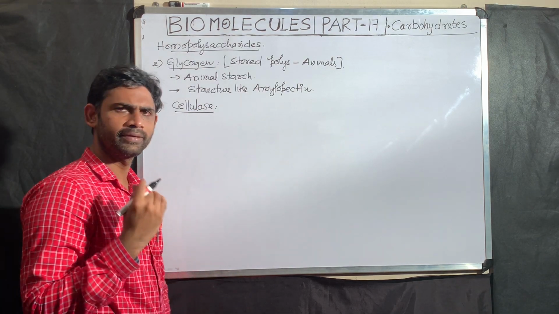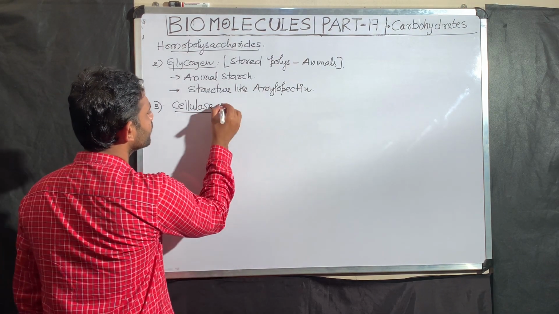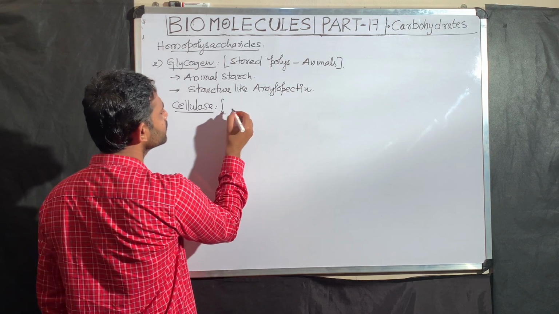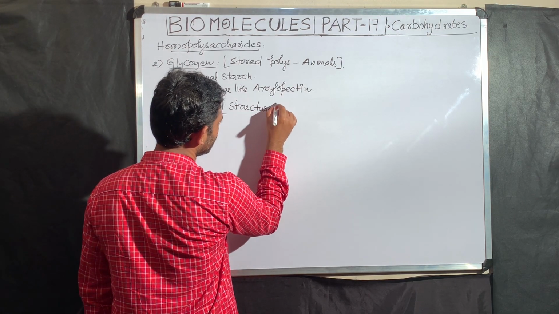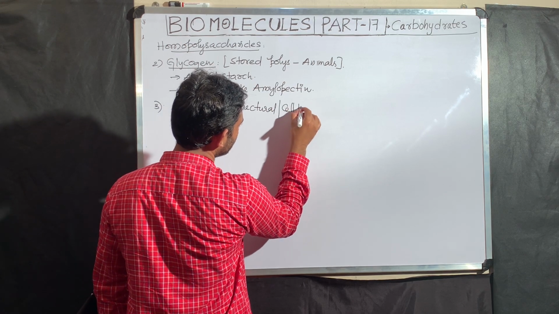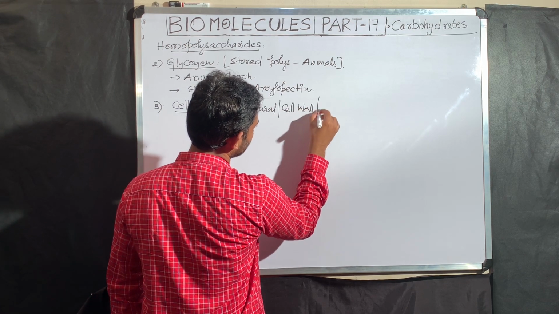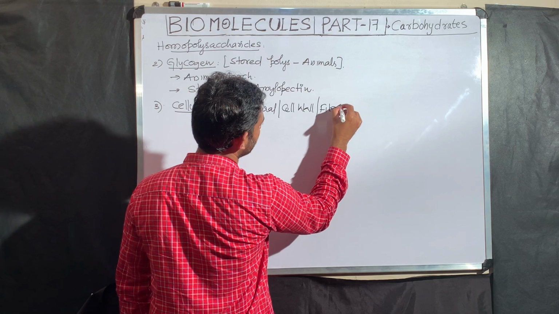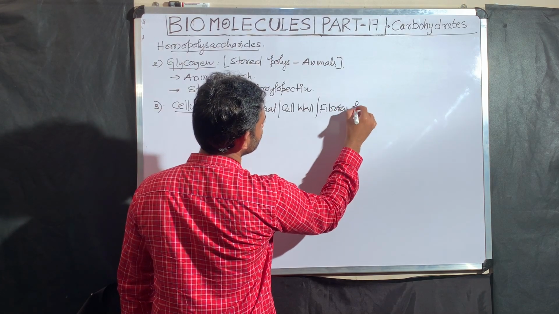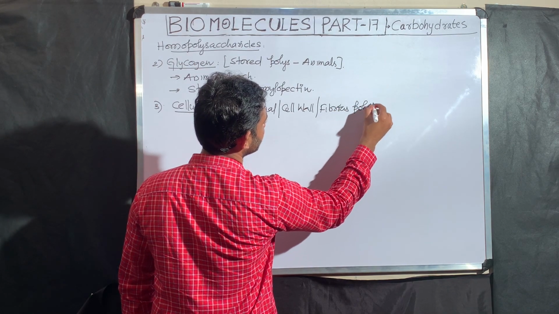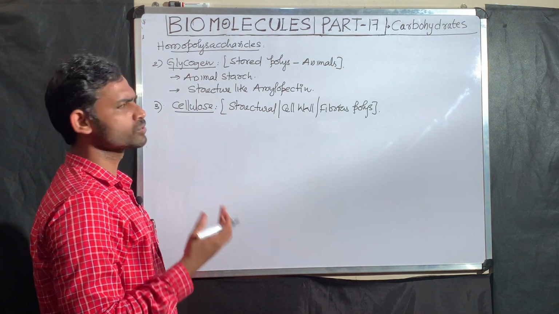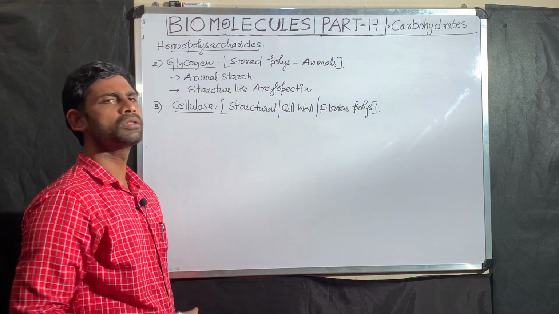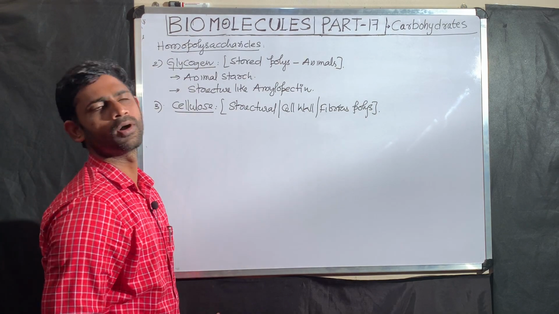Cellulose has its own importance. What is the function of cellulose? Cellulose belongs to structural or cell wall or fibrous polysaccharide. Okay, now the last two, starch and glycogen, belong to stored polysaccharide. Cellulose belongs to structural polysaccharide.